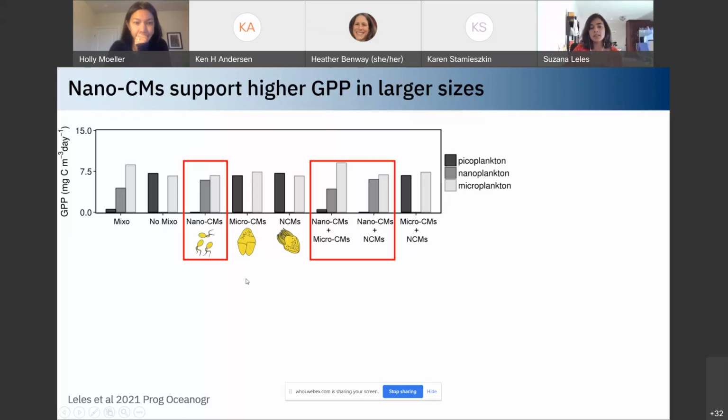So this is telling us that actually the mixotrophic nanoflagellates are driving this dynamic in our model, and they allow the higher GPP accumulating in larger cell sizes. And this is happening basically because they can control the biomass of phytoplankton since they are allowed to feed on this prey.